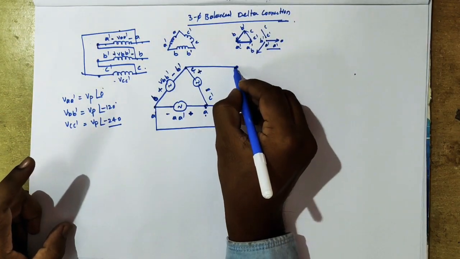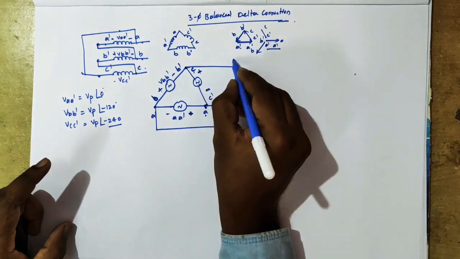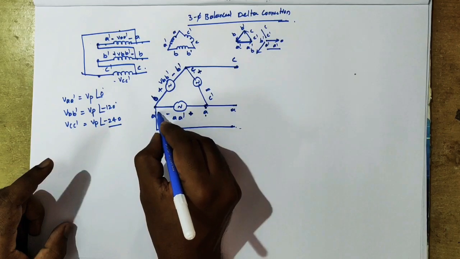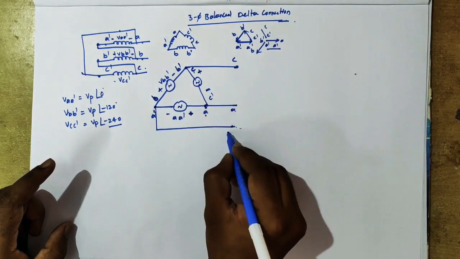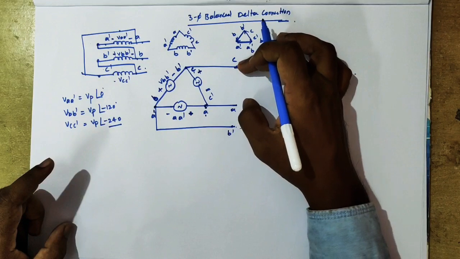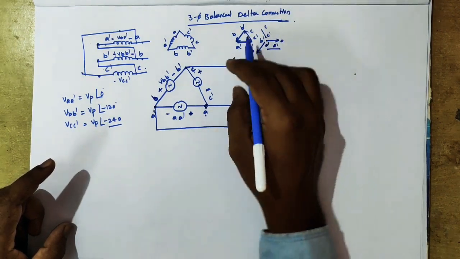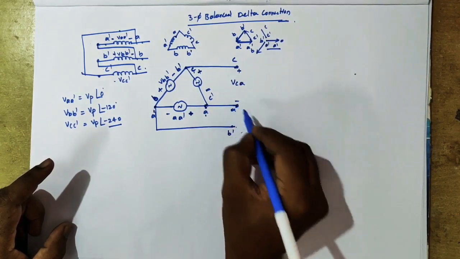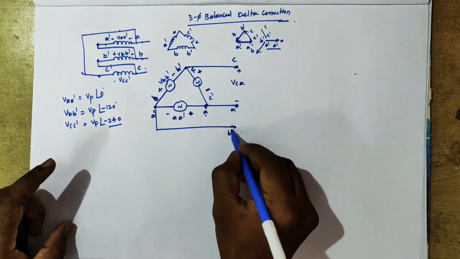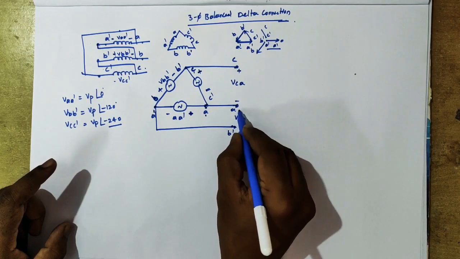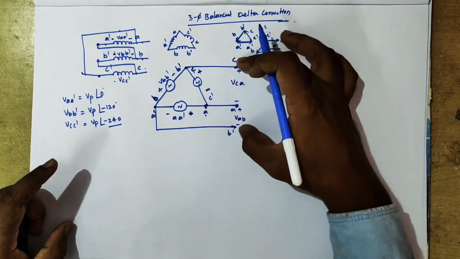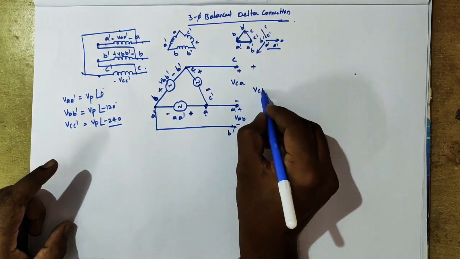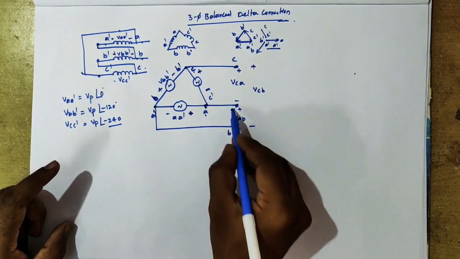Let us say this is C, this is A, and this is B. The voltage between C and A is the line voltage VCA, taking this as plus and minus. Voltage across AB is VAB, and voltage across CB is VCB.